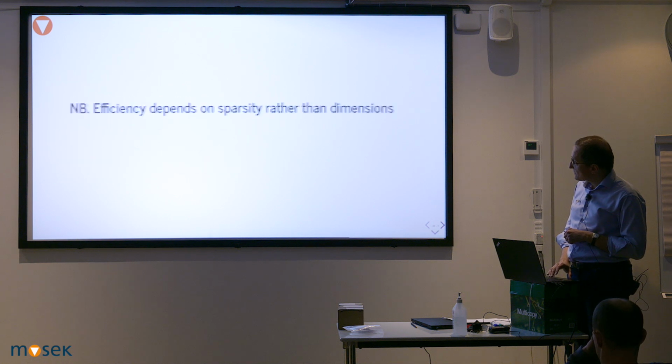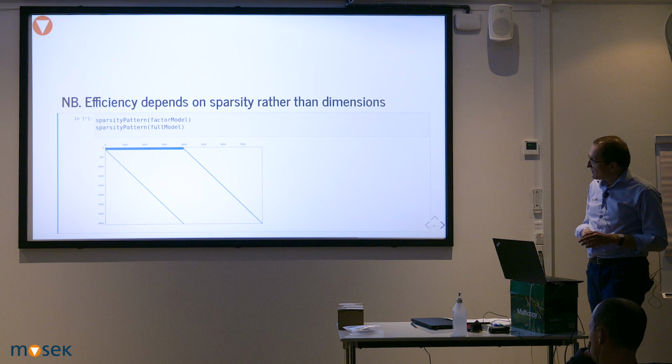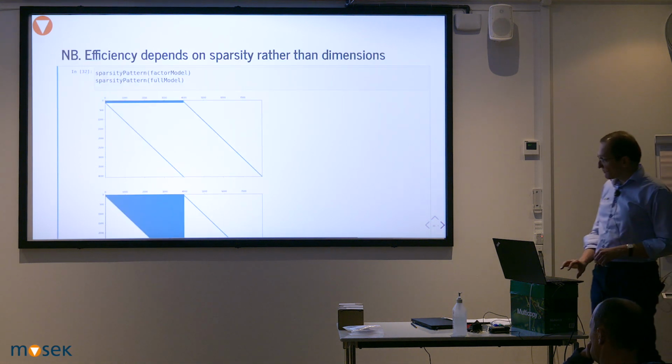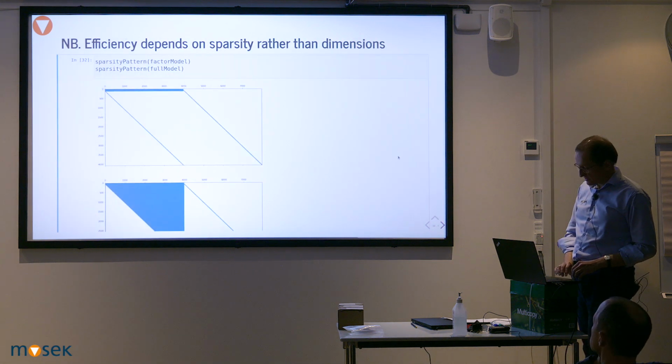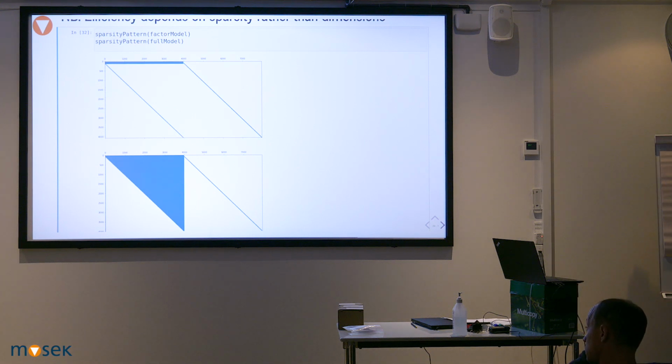Yeah, the last thing that comes up here, and maybe we also touched upon this a little bit, is that it doesn't matter so much how many constraints or variables your problem has. What matters most is the sparsity pattern of the problem, or the density of the constraint matrix.